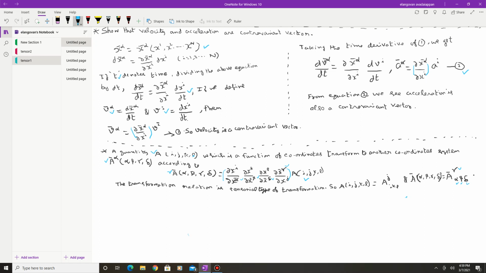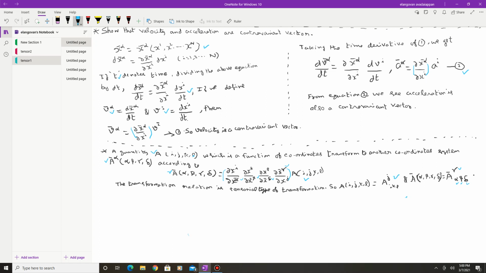So A bar, which is a function of alpha, beta, gamma, delta, must be of this form: A bar of gamma, alpha, beta, delta. Similarly A of i, j, k, l must be of the corresponding form.